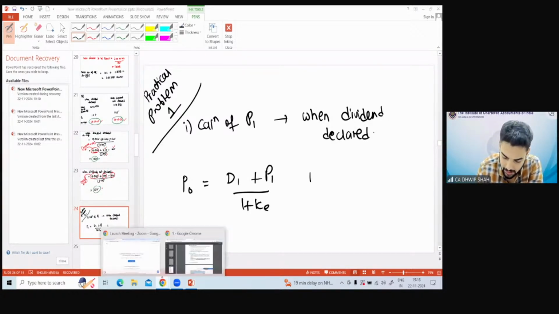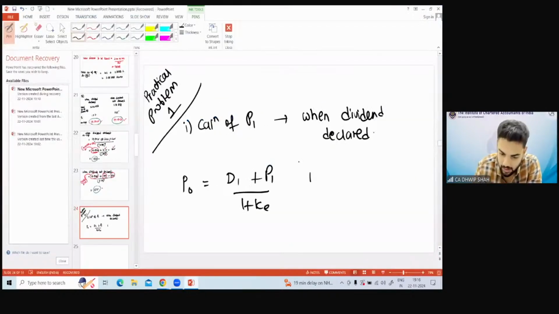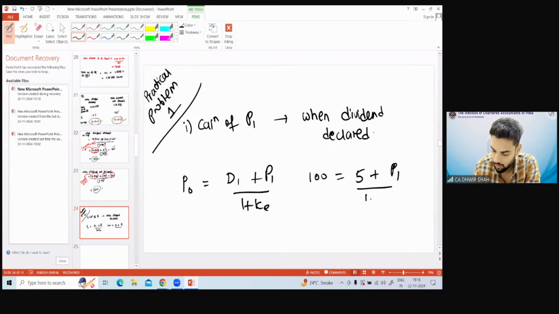P0, the price of the share today, is the current market price, 100 only. So 100 is equal to, dividend is declared and 5 is the dividend amount, P1 upon 1.1 raised to 1. So my P1 when dividend is declared is 105.